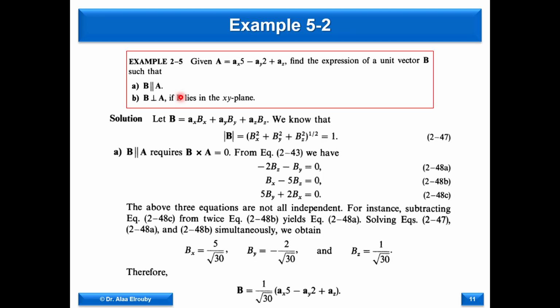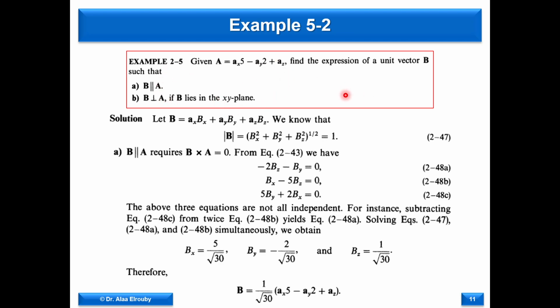The example gives us a vector in Cartesian coordinate system and is asking for the expression of a unit vector b in two different cases. Case number one, b is parallel to a and is a unit vector. Case number two, b is normal to a and also it is a unit vector.